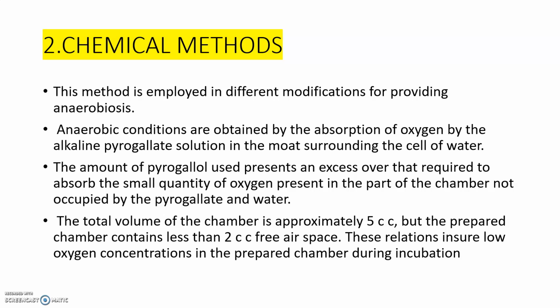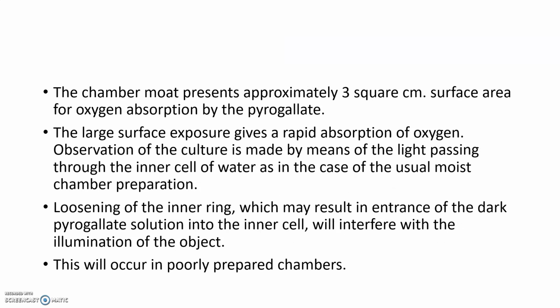The total volume of the chamber is approximately 5 cc, but the prepared chamber contains less than 2 cc free air space. These relations ensure low oxygen concentration in the prepared chamber during incubation.